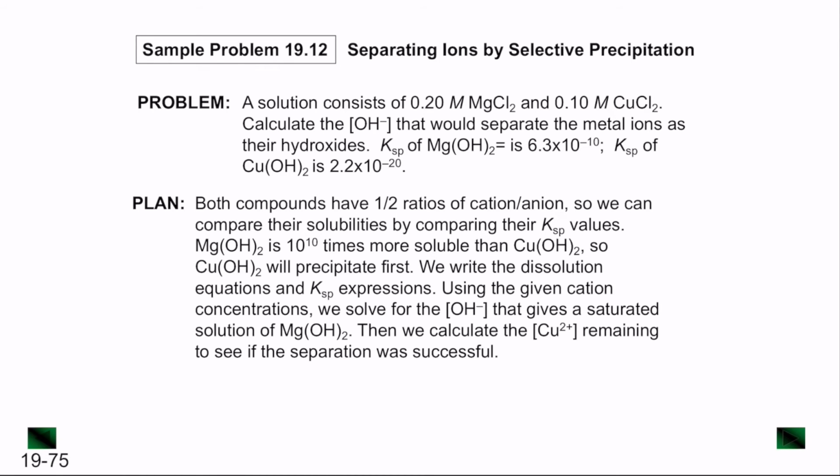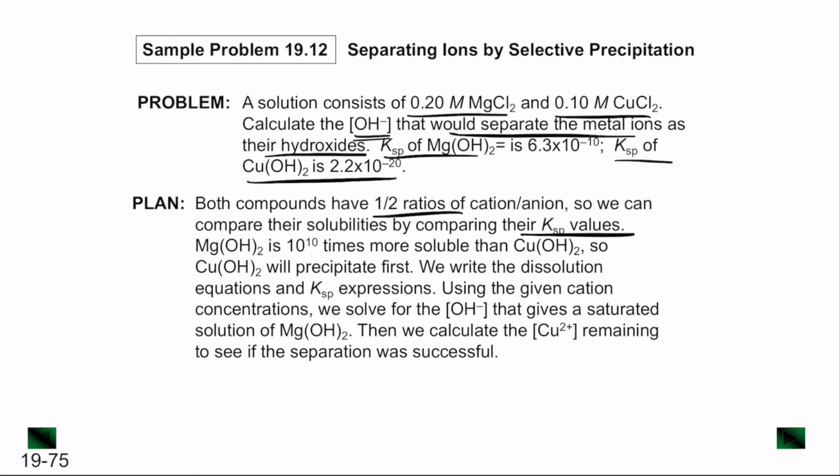So let's try to look at a problem. A solution consists of 0.20 M MgCl2 and 0.10 M CuCl2. They're asking us to calculate the OH- concentration that would separate the metal ions as their hydroxides. They have given us the KSP of Mg(OH)2 and Cu(OH)2. So notice that both compounds have a 1:2 ratio of cation to anion, so we can compare their solubilities by comparing their KSP values.